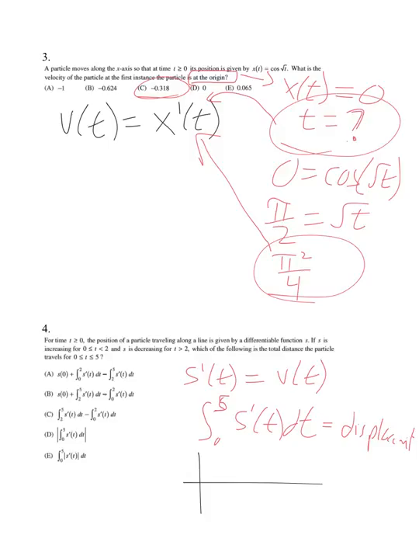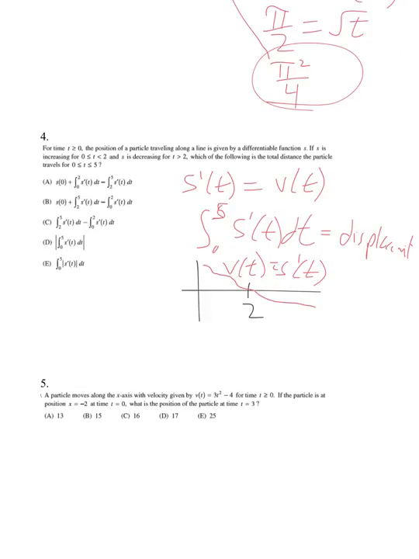We're increasing, and then we switch to decreasing. Let's put our 2 here. So velocity is above the x-axis and then below the x-axis. This is v of t, or S prime of t.